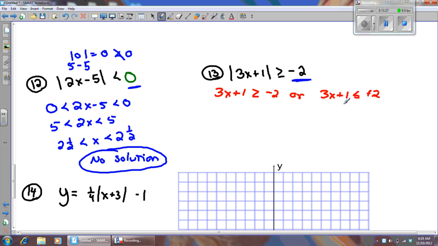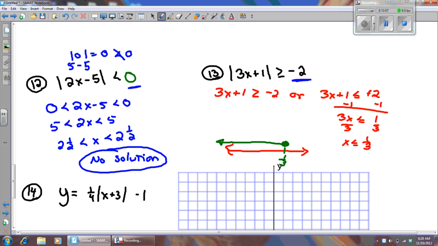Okay, subtracting 1, and I'm going to get 3x less than or equal to 1, divide by 3, divide by 3, x is going to be less than or equal to 1/3. Okay, on a number line, I'm going to have 1/3. Now we have an open point, and I'm going to shade this way forever, right?